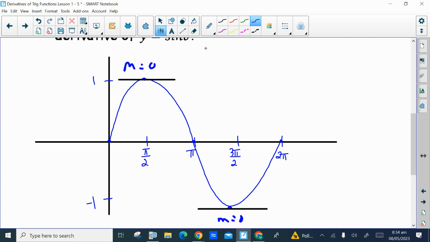So the derivative f prime at pi on 2 is 0, and f prime at 3 pi on 2 is also 0.